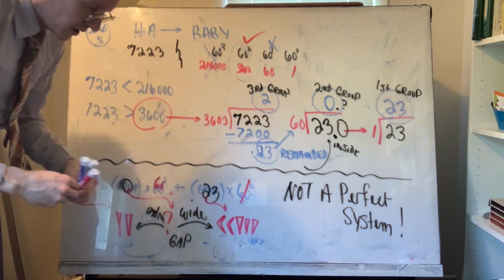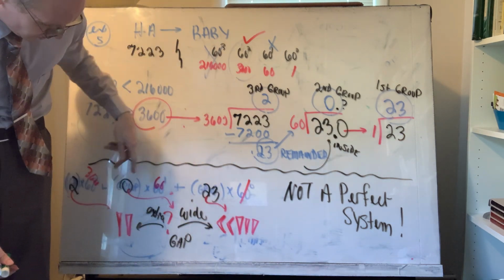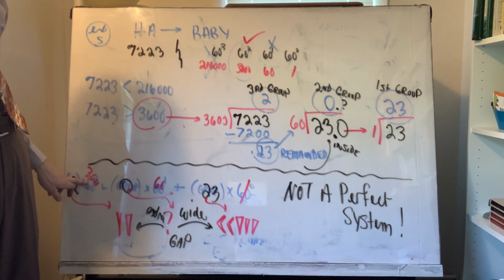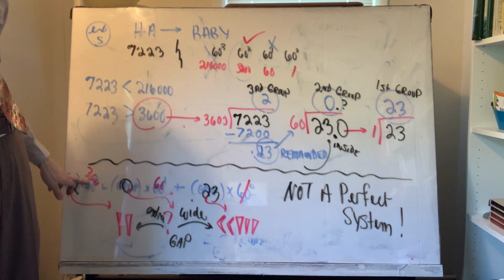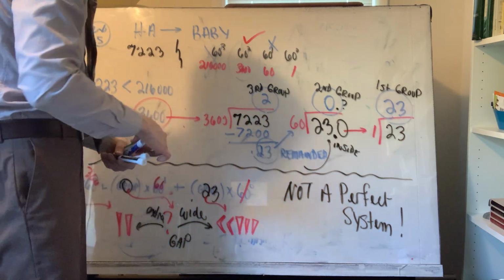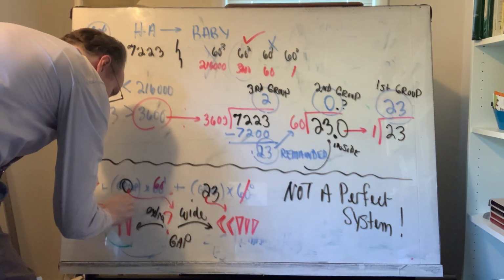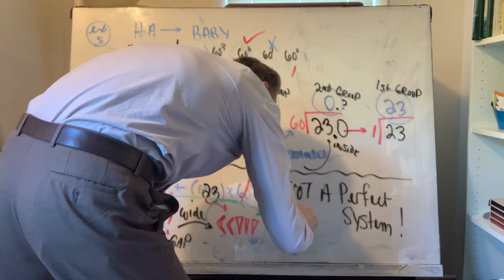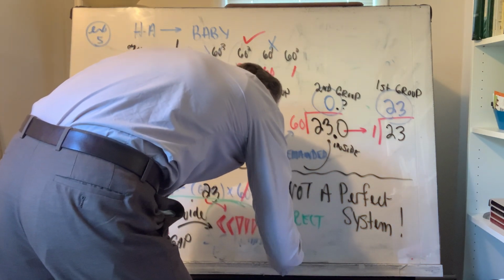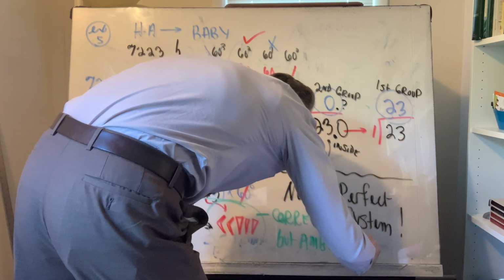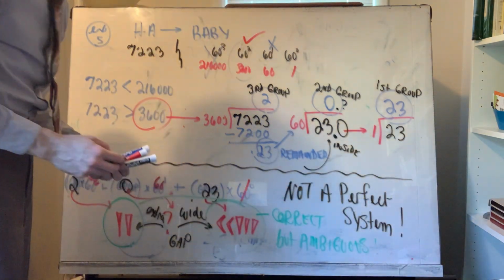To make sure that in theory a person is not multiplying by 60 when in fact they should be multiplying by 3600. All right? This is correct down here, but it's ambiguous. This in tandem with this is correct, but ambiguous. And that's not good. Math should not be ambiguous.